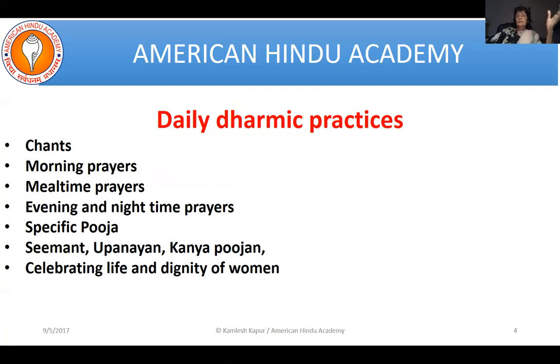So daily dharmic practices are chants. You get up in the morning, the students chant, students will learn to chant. Karagre vasate Lakshmi. In the tips of my fingers is Lakshmi, skills with which we earn wealth. Kar madhye, in the middle of the hands, we hold the scrolls or musical instruments like this.